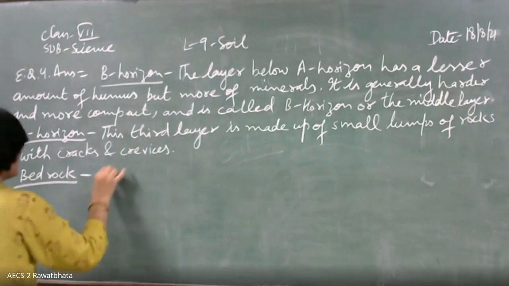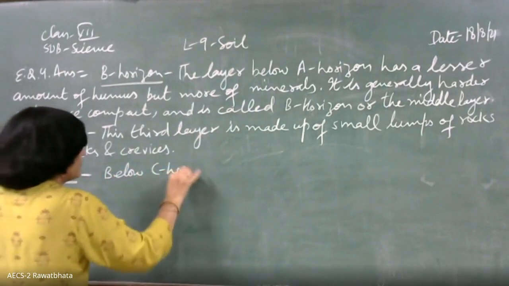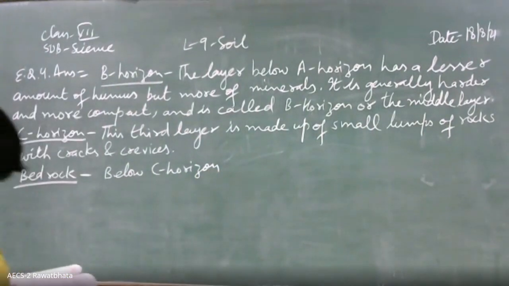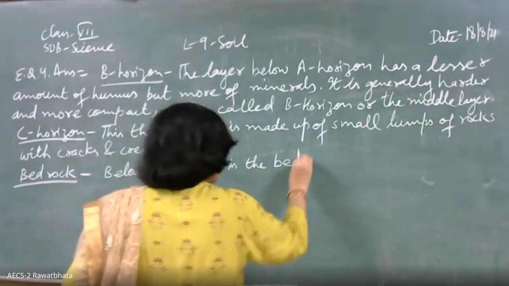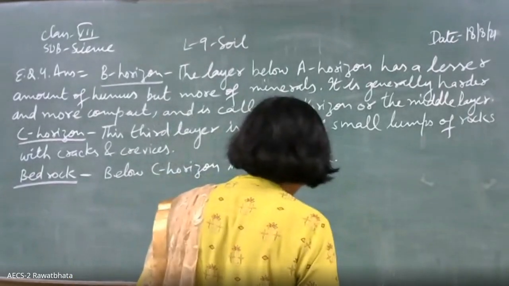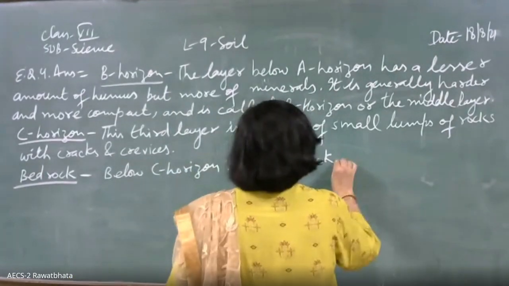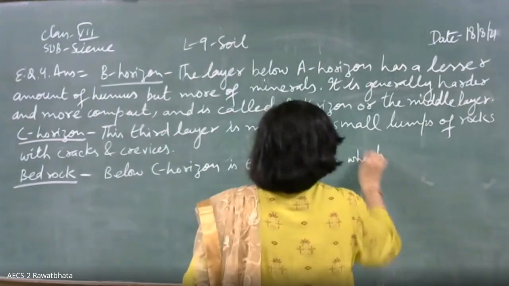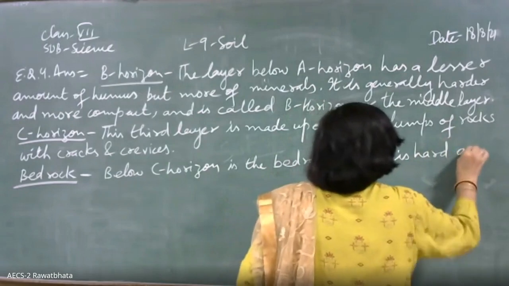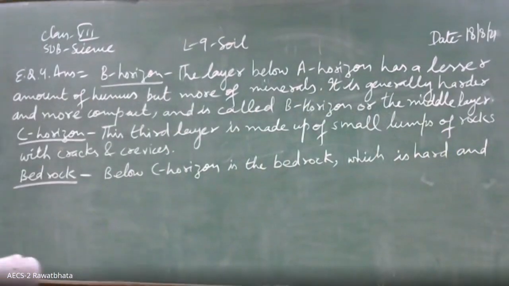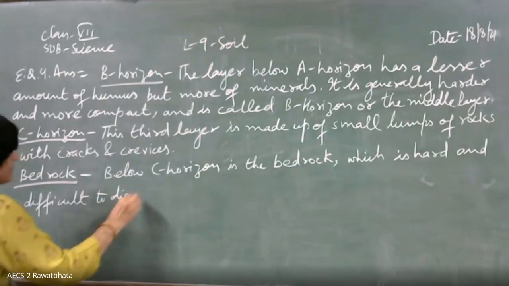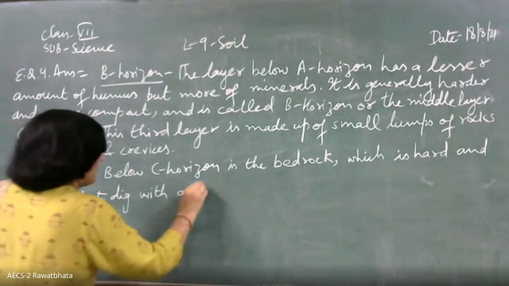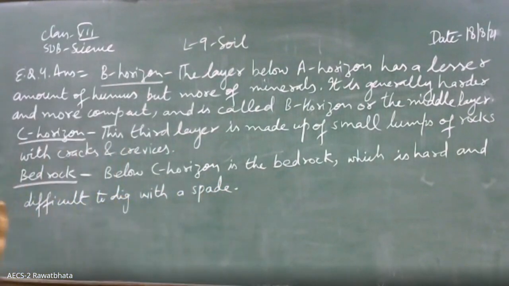Below C horizon is the bedrock, which is hard and difficult to dig with a spade. It's actually very, very hard.